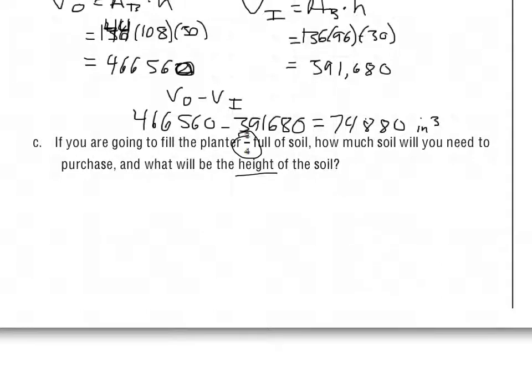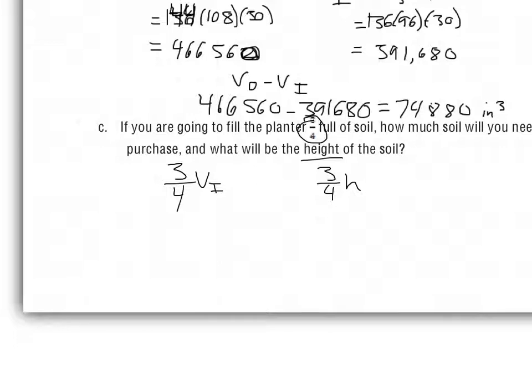Well, the height's just going to be 3/4 of the height of the planter. So we should be able to calculate both of those as a fraction of a whole. So 3/4 of the inner volume and 3/4 of the height. Calculate each of those to determine the volume of the soil and the height that the soil will reach.